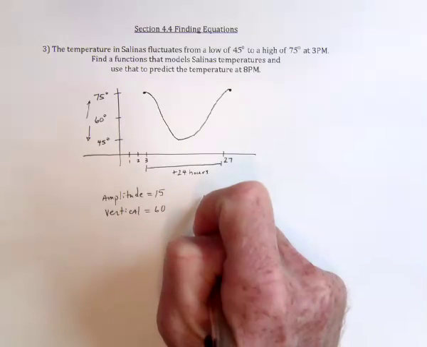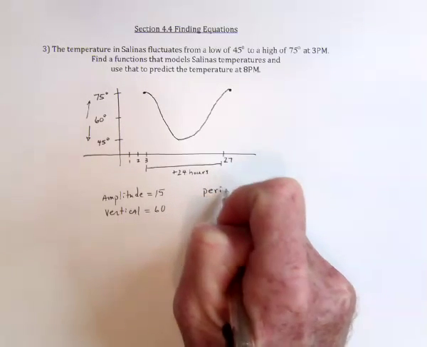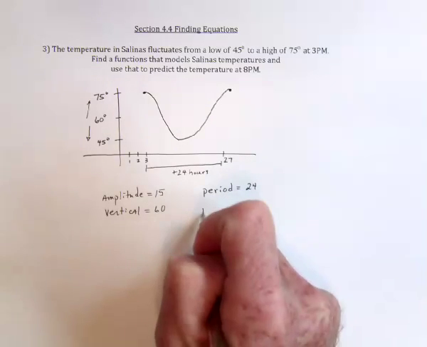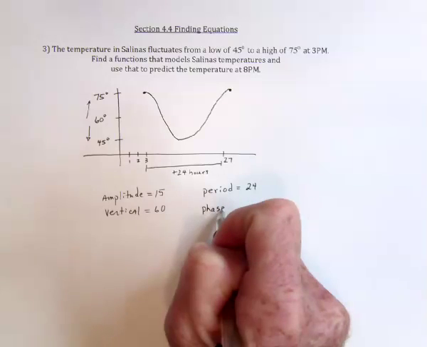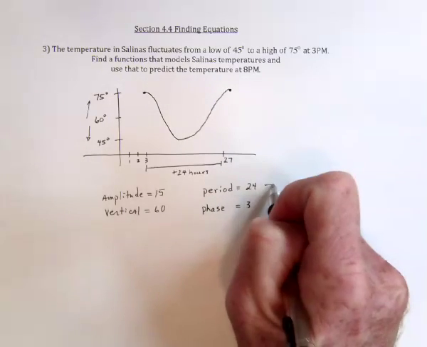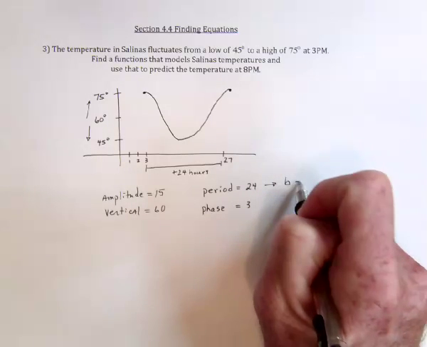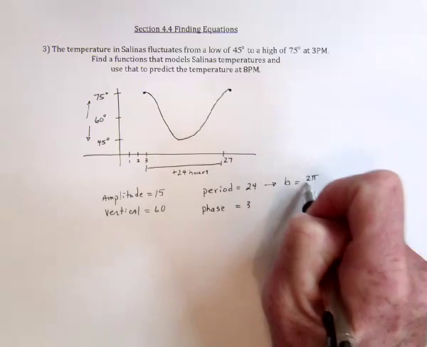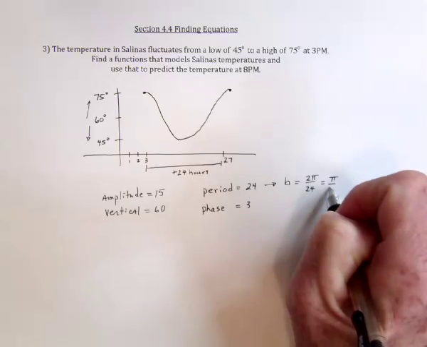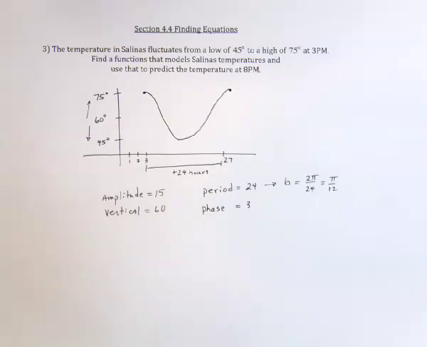So we've also got the period equals 24 hours, and the phase shift is 3. From the period, we can find b equals 2 pi divided by the period. So that's going to be pi divided by 12 once it's reduced.